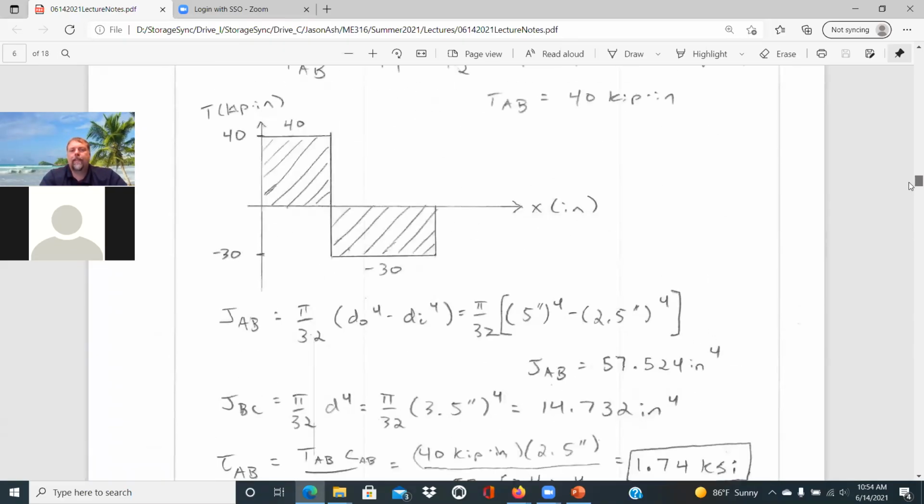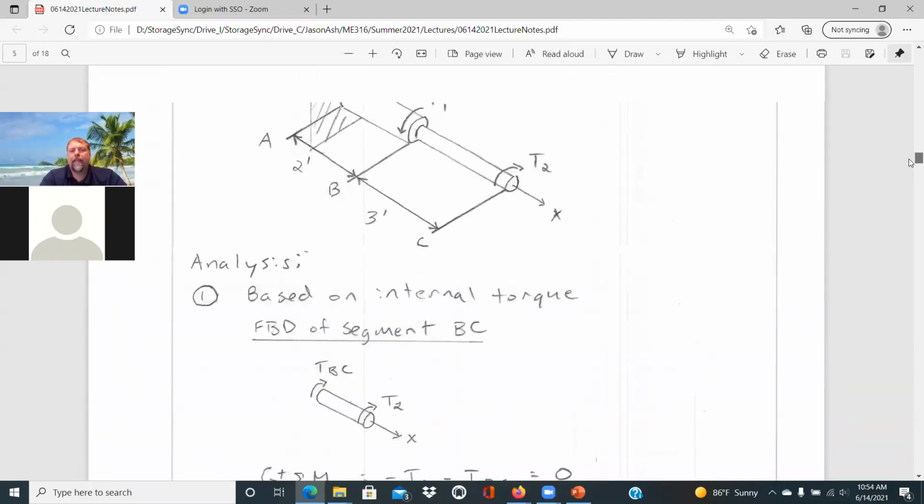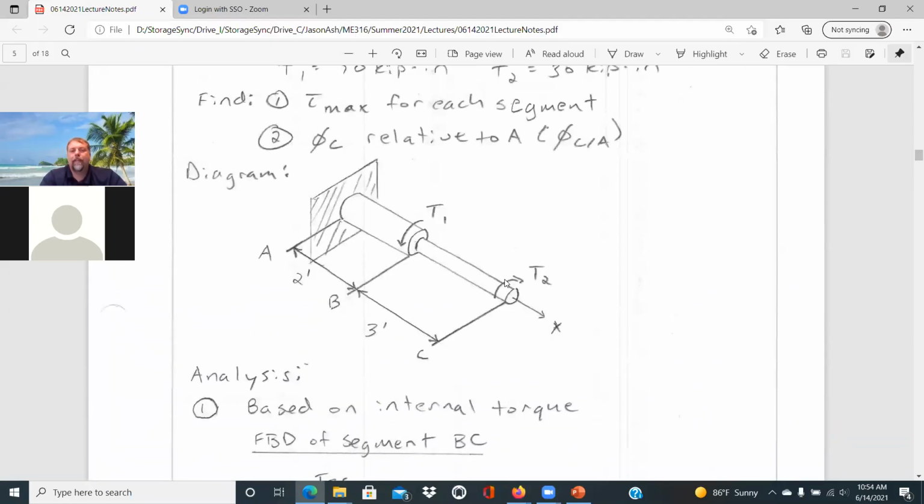And with that, if we look back at that original problem statement, our torque 2 is going to cause both of these shafts to have an angular twist in the negative direction. And then torque 1 is going to cause shaft AB to come back in the counterclockwise direction.